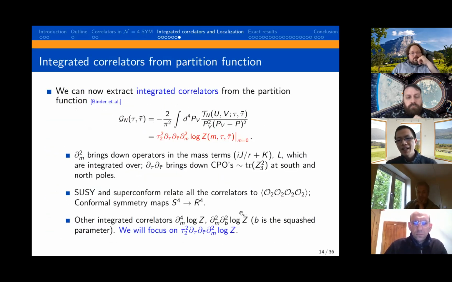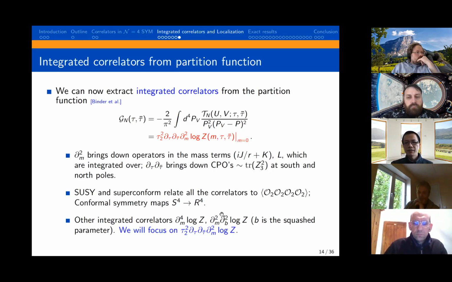It turns out that there's another one. You can take 2 derivatives with respect to mass and 2 derivatives with respect to the squashing parameter, which I set to 1 when I say epsilon 1 equal to epsilon 2 equal to 1. But you could keep it and take the derivative with respect to that.